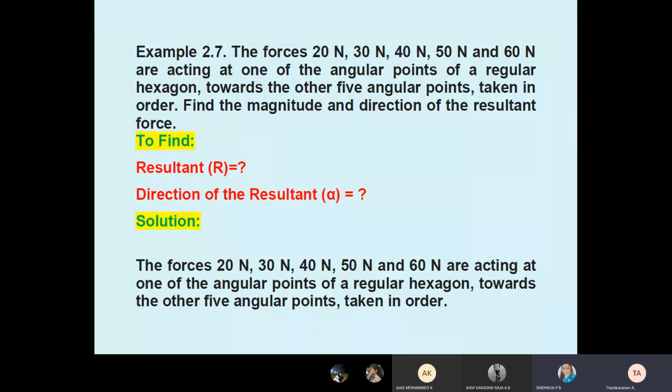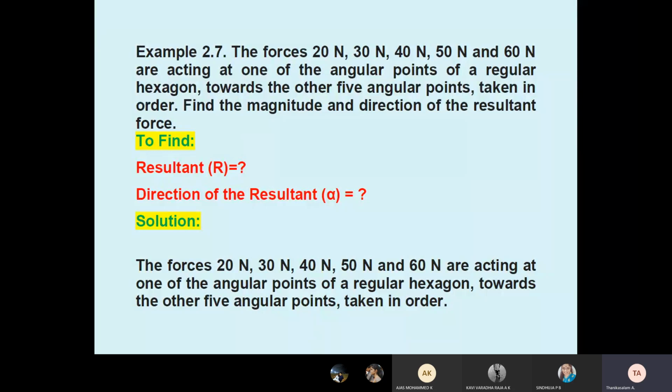Once again, read this question. Okay, sir. The forces 20 Newton, 30 Newton, 40 Newton, 50 Newton, and 60 Newton are acting at one of the angular points of a regular hexagon. Wait, regular hexagon, be careful.